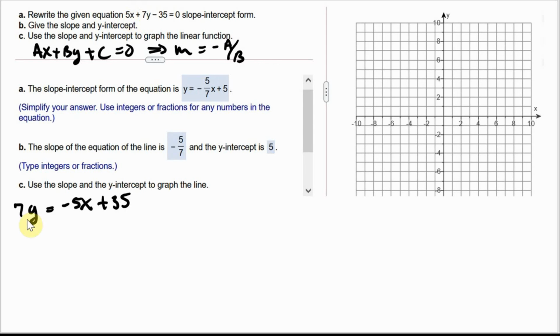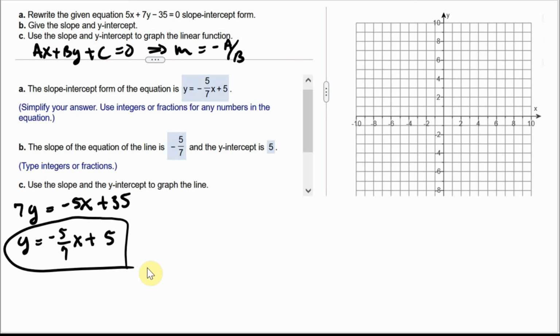Now I'm going to divide everything by that 7. So this is y is equal to negative 5 over 7 times x plus 35 divided by 7, that's 5. So that becomes the slope-intercept form, right?